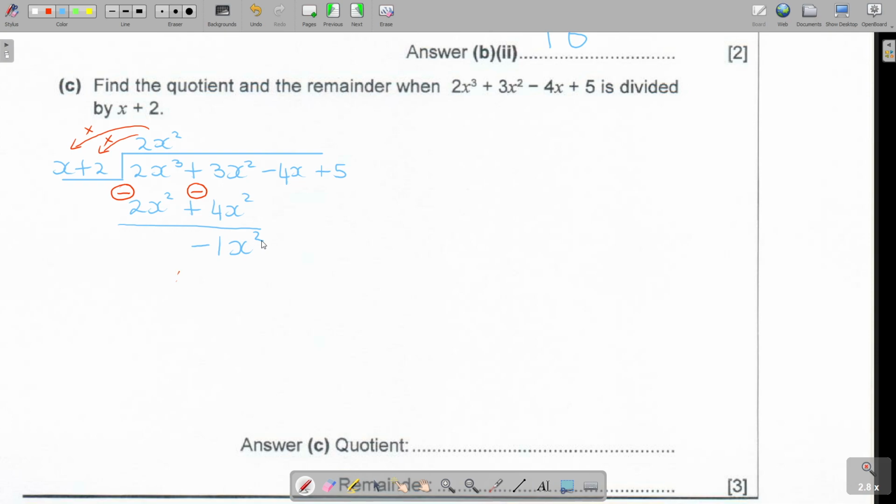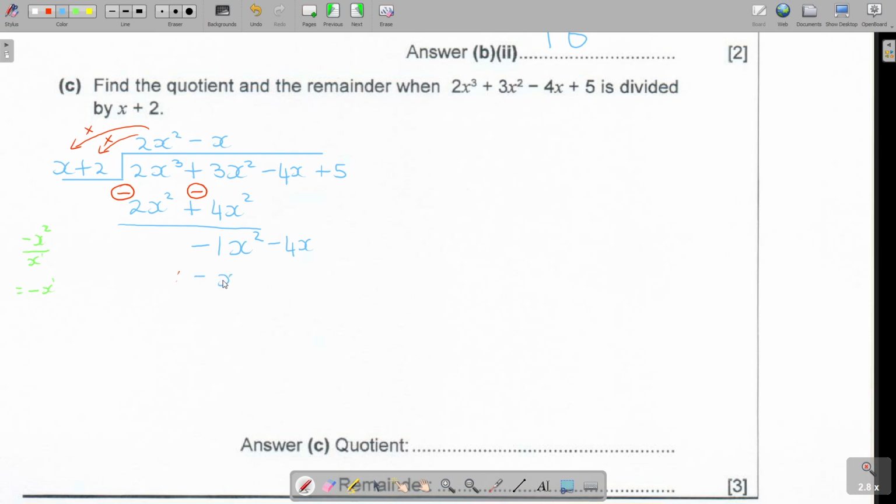Now again, I take this, divide by this, and what do I get? Negative x. If you struggle, say to yourself: negative x squared, divide x, that's going to be negative x, because 2 minus 1 is 1. And again, I multiply.